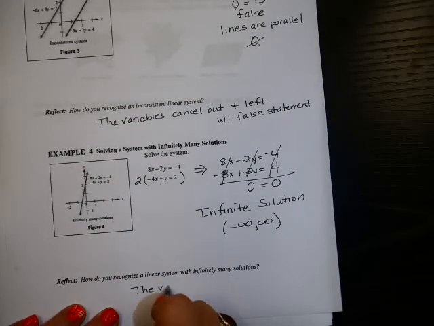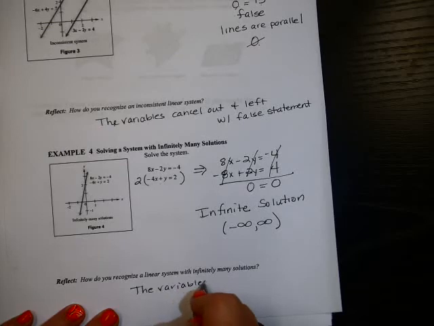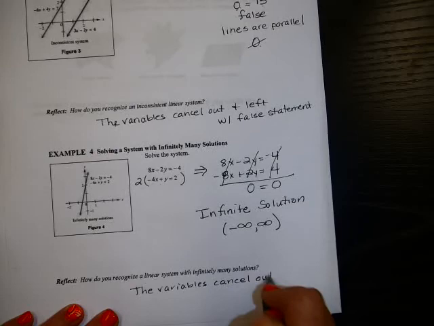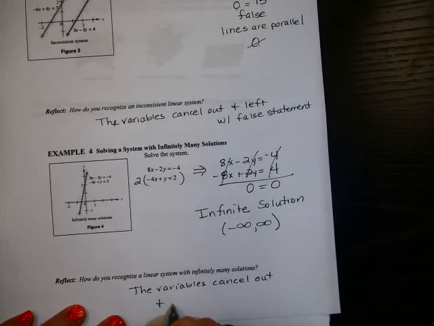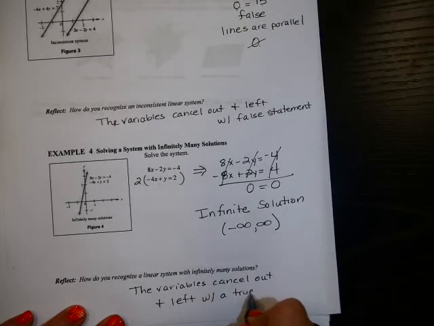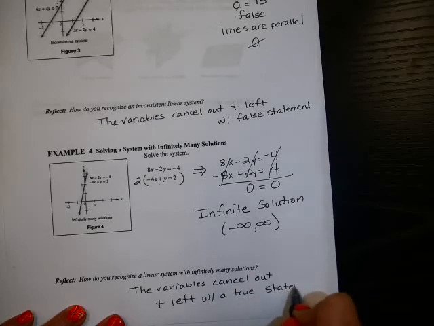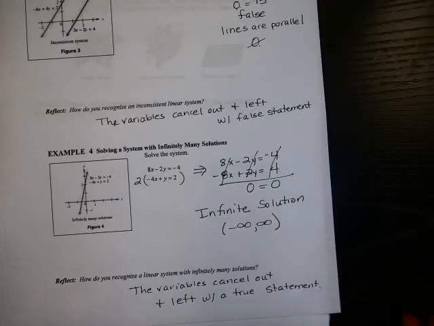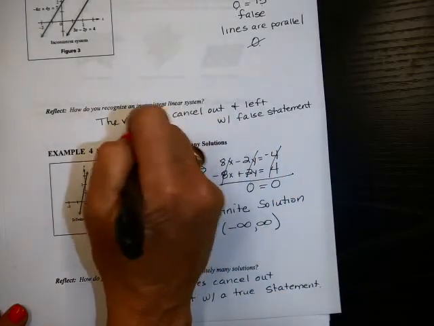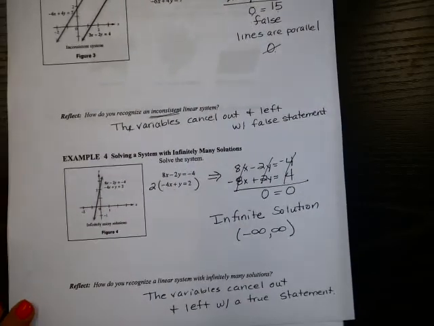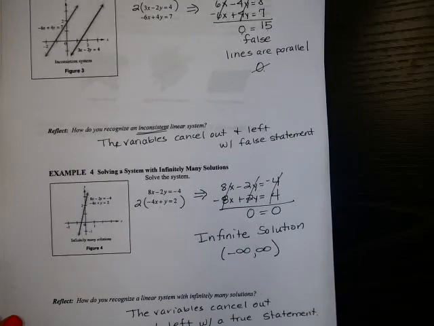The variables cancel out. And I'm left with a true statement. Remember, an inconsistent system means there's no solution. That's why they worded it that way, but it means the lines are parallel. They don't intersect.